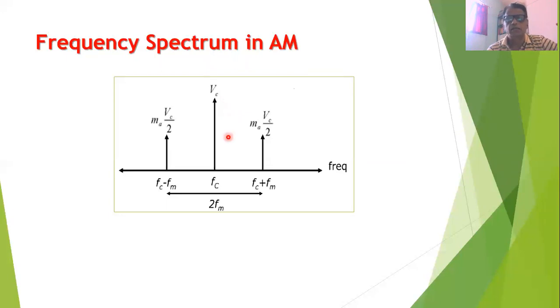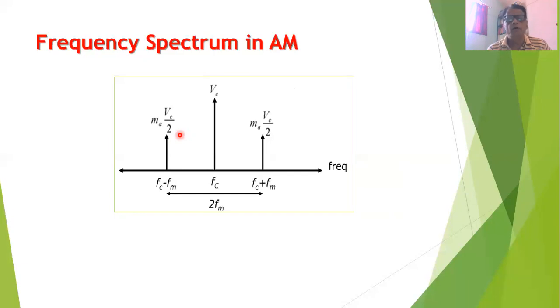On one side of fc, we will have an upper sideband of which the frequency is fc + fm, and the amplitude of this is Ma Vc/2. On the other side of the central frequency fc, there is another frequency fc − fm, the lower sideband, of which the amplitude is Ma Vc/2.